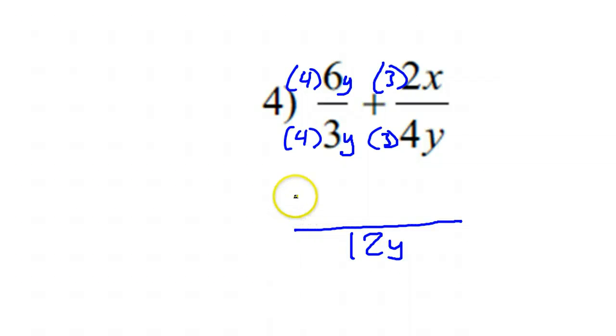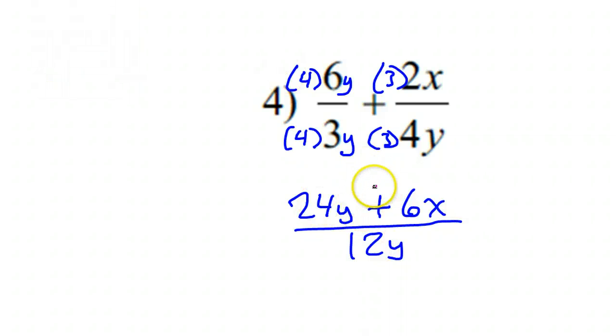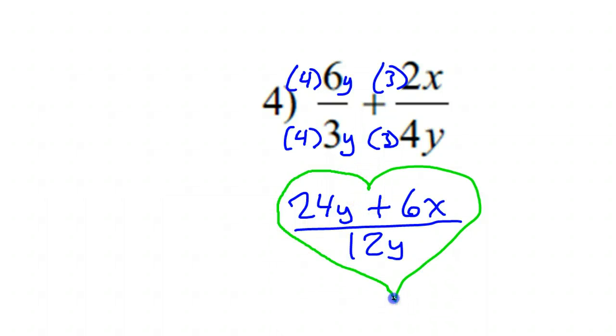Now here I've got 24y plus 6x. Do all three terms have something in common? It has to be all three, not just two. The greatest common factor of all of these is actually 6. All of these are divisible by 6. Now you could have said 2 or you could have said 3, but the greatest common factor is 6.